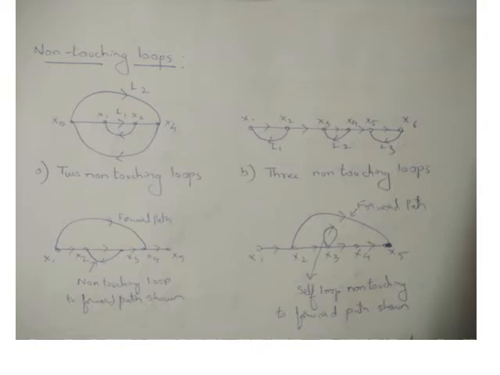Now here is one more example, a non-touching loop to the forward path. Can you tell me how many forward paths there are? A forward path is a path which starts at the input node and ends at the output node. It is like going from one point to the destination.